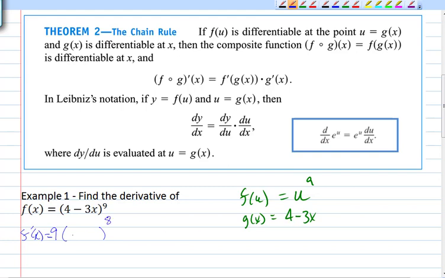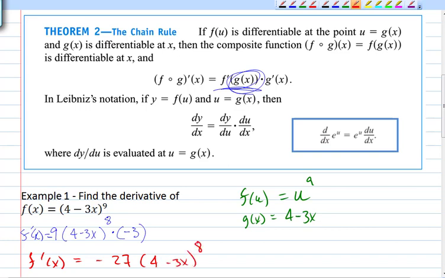That something is this g of x function, 4 minus 3x. Take the derivative of the outside function, leaving the inside alone, and then we multiply this by the derivative of the inside function. What's the derivative of 4 minus 3x? Negative 3.